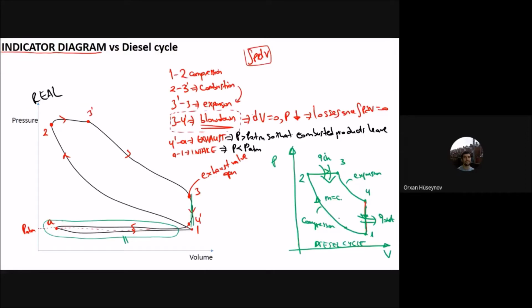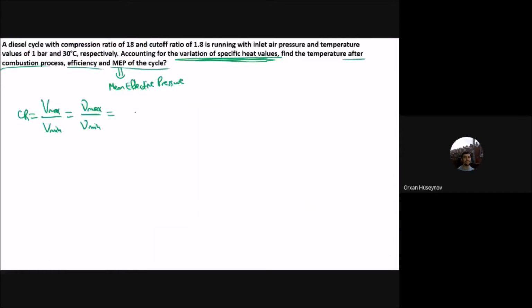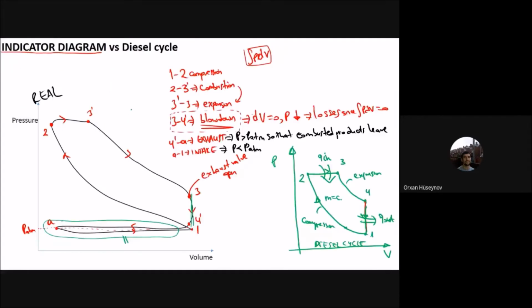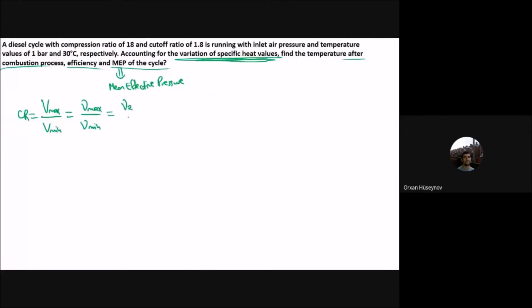For this one, the maximum volume is at 1/4 and the minimum volume is at 2. Therefore, you will have nu4 or nu1, the maximum volume, divided by the minimum volume, which is nu2.